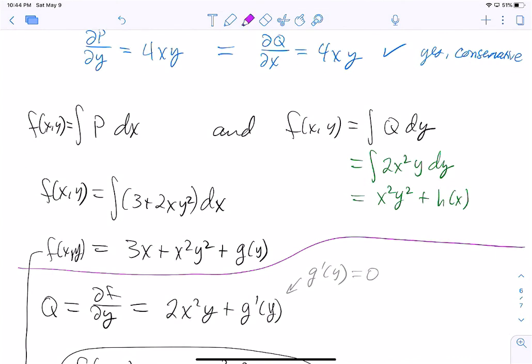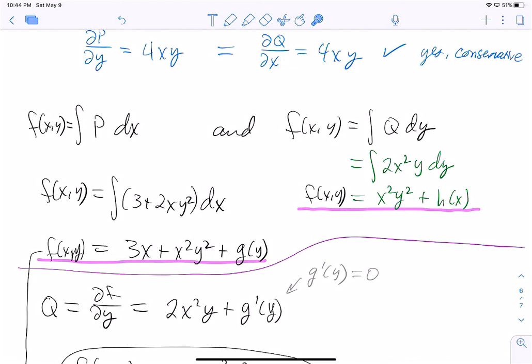And then at this point, I compare f of x, y from integrating with respect to x, and f of x, y from integrating with respect to y. And since f of x, y is equal to x squared y squared plus some function of x, but also 3x plus x squared y squared plus potentially some function of y, I see that the function of x must be 3x. You see, that's the thing that's missing between the two.